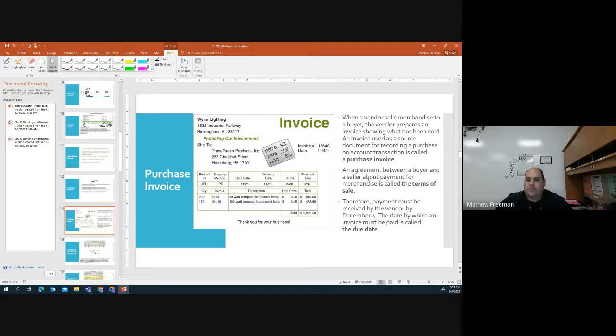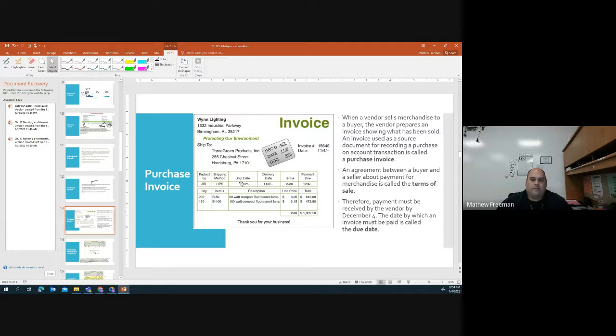The agreement between a buyer and seller about payment for merchandise is also called terms of sale. So right here, you'll see terms N/30. This is your terms, that you have 30 days, the terms of sale. Therefore, payment must be received by the vendor by December 4th. The date by which the invoice must be paid is called the due date.